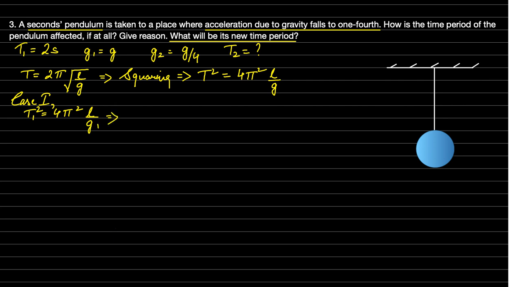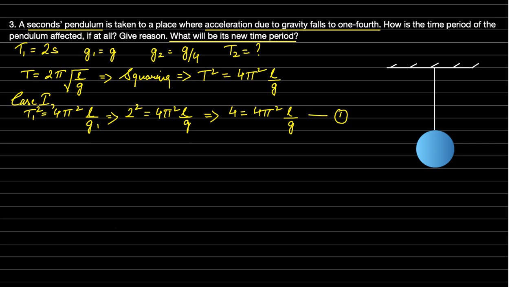T1 happens to be 2, so 2 square is equal to 4 pi square L divided by g. I just square the left hand side, that is 2 square, which is 4, equal to 4 pi square L divided by g. Now I consider this as equation 1.